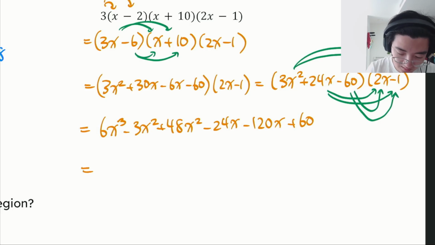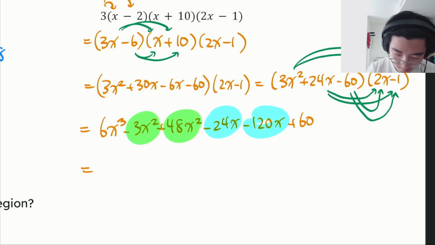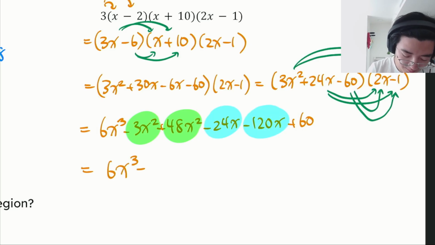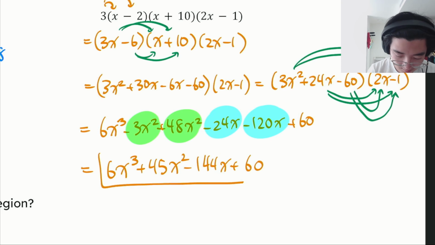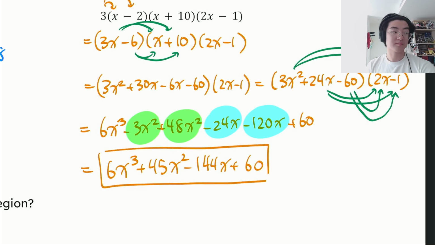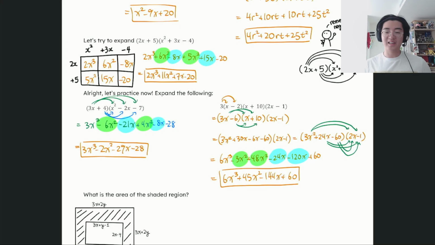Okay, combine them all. Okay, there we go. This is plus 45, minus 144, plus 60. Whew, that was a lot.